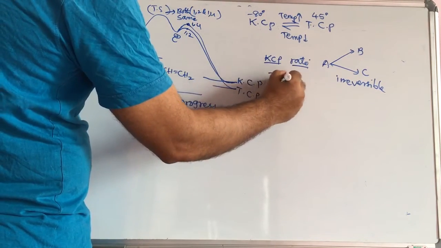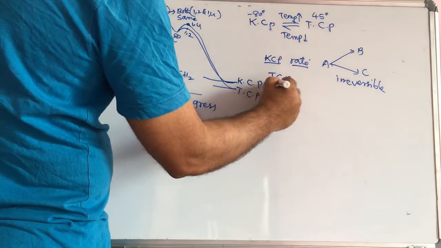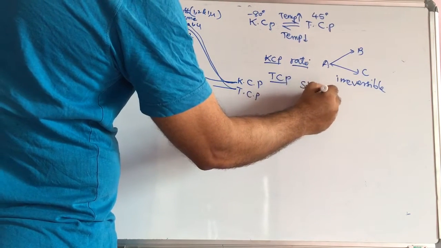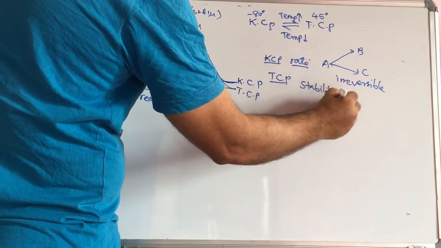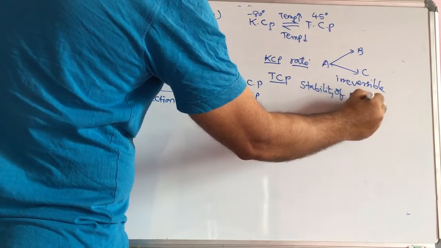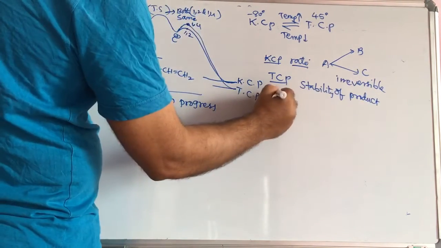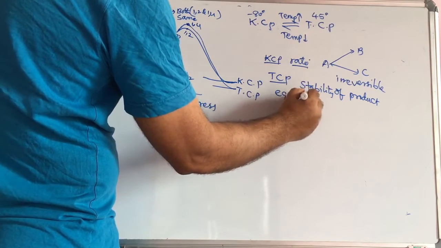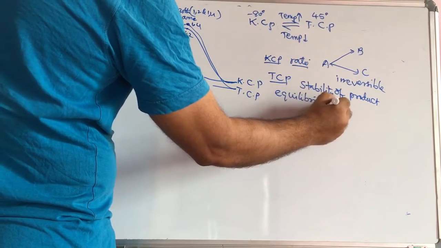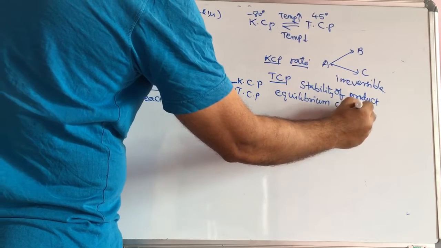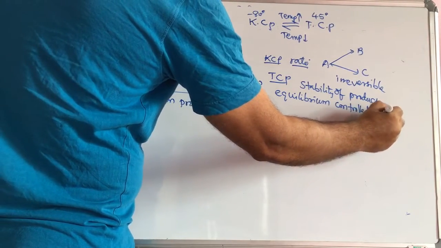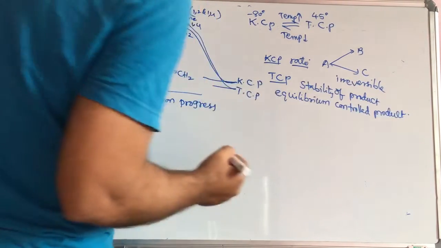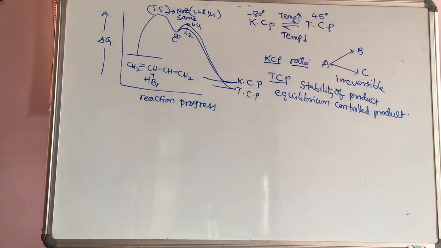Next is the thermodynamically controlled product. It depends on the stability of products. This is also called the equilibrium controlled product, because the reactant and products are in equilibrium.